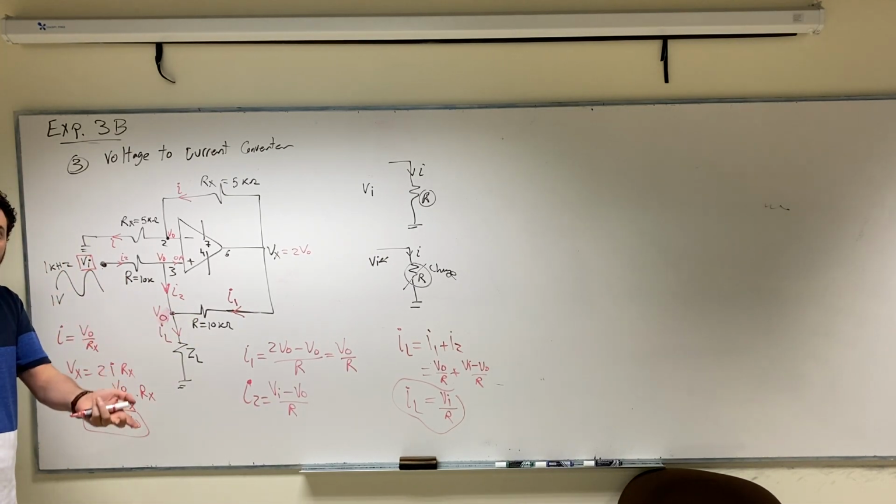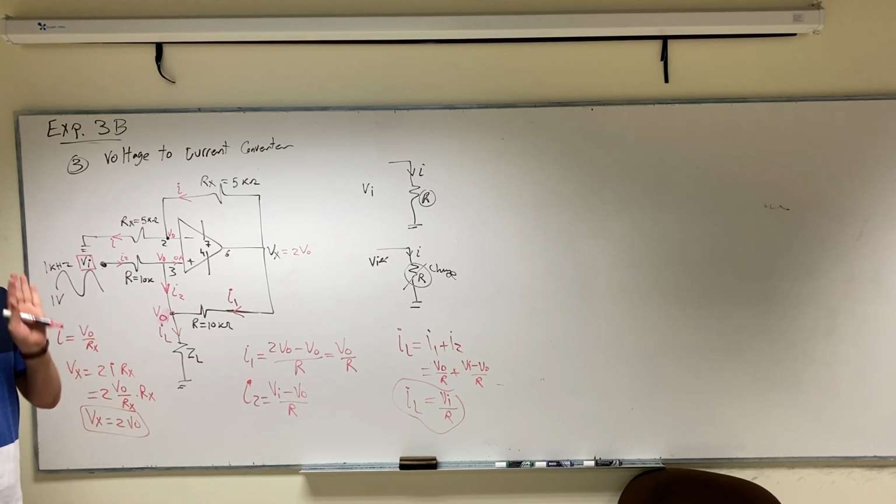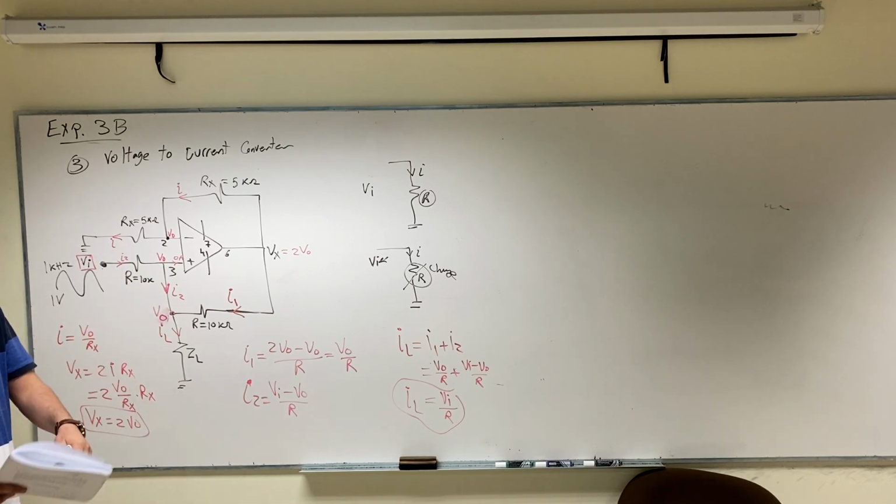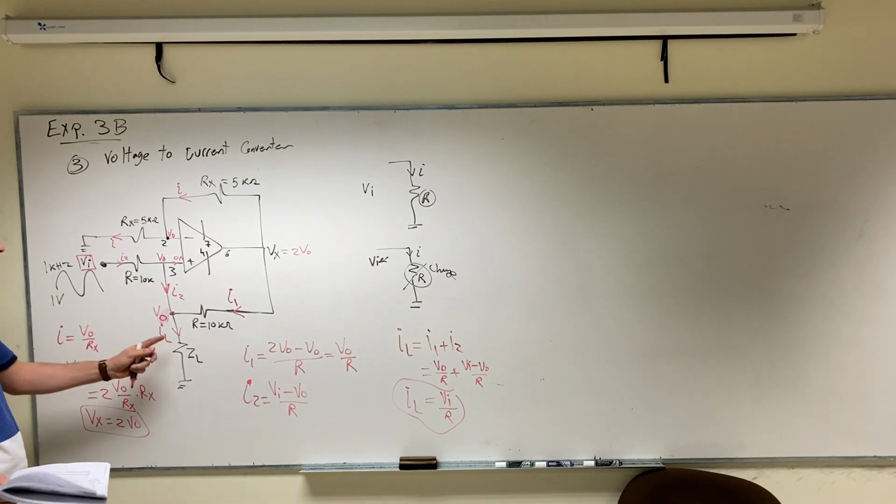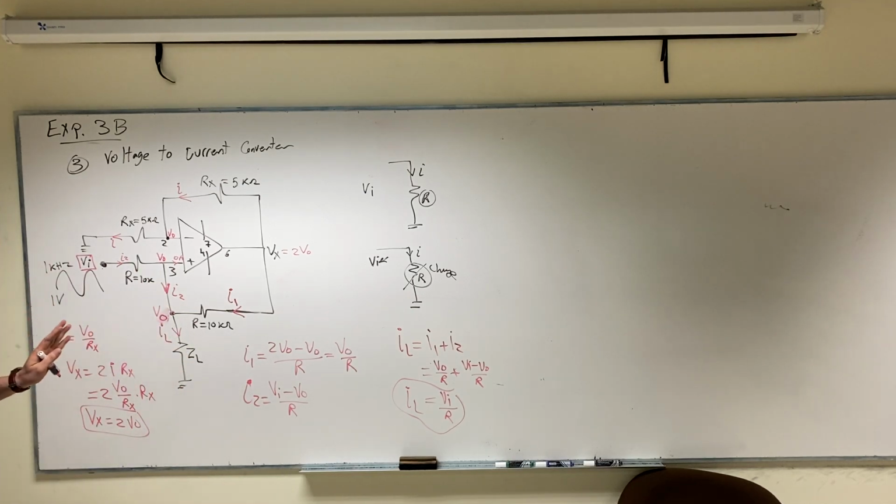But if you change your load, the current will be the same. It will not change. The current in your load will not change with changing the load. It will be fixed. Okay? It will change only if you change V input.